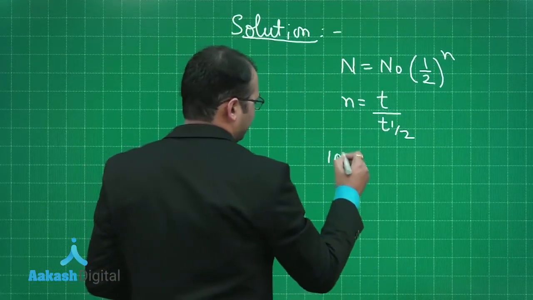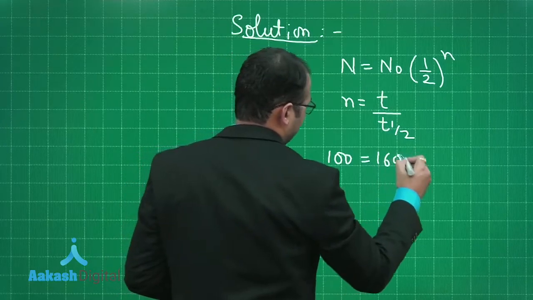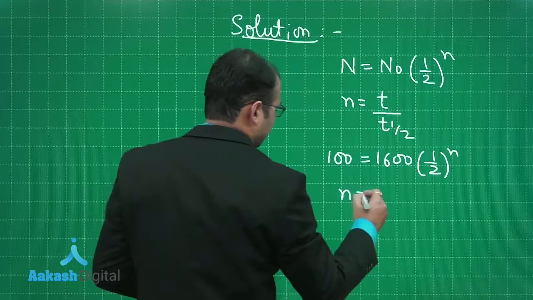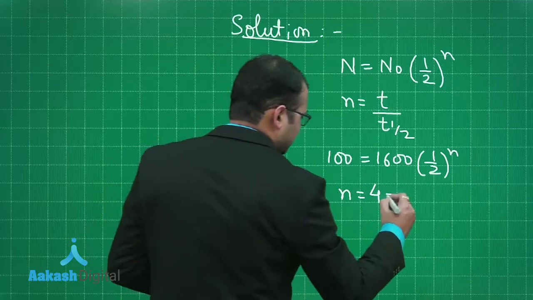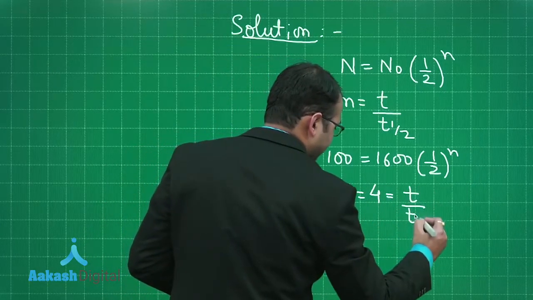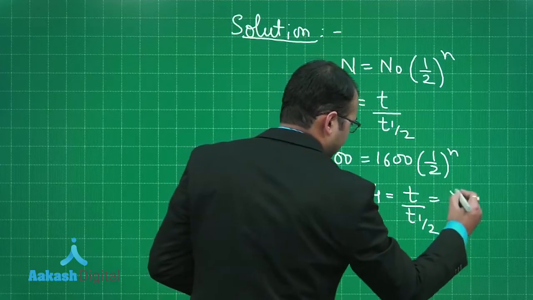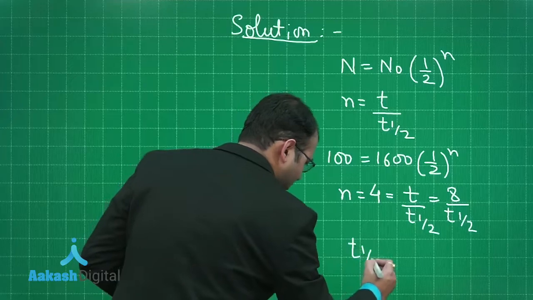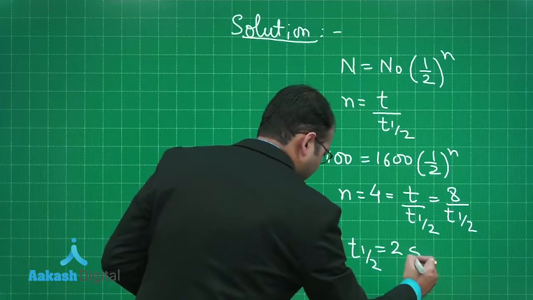So 100 is equal to 1600 times 1 by 2 to the power n. Comparing from here, n equals 4, which is equal to t upon t half, right? What is the time given? 8 seconds. What would be the t half? So simply t half would be 2 seconds, right?